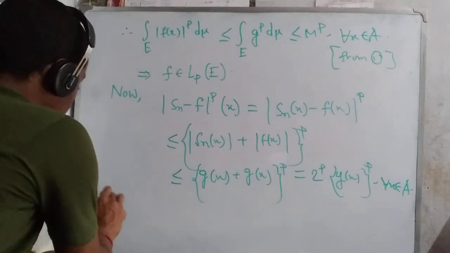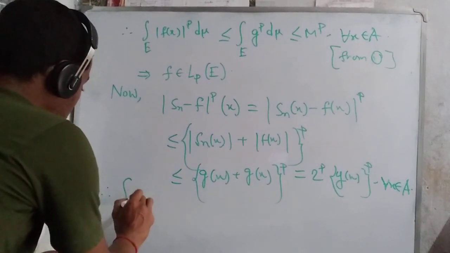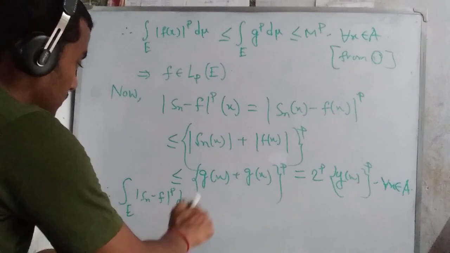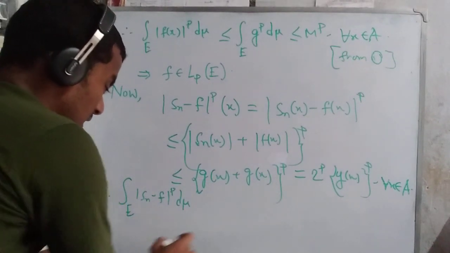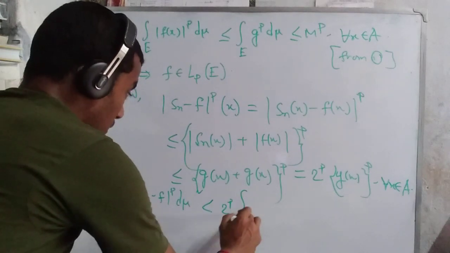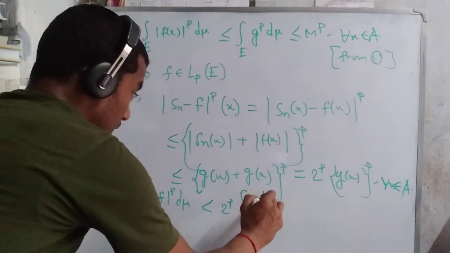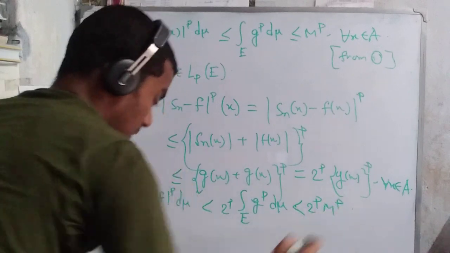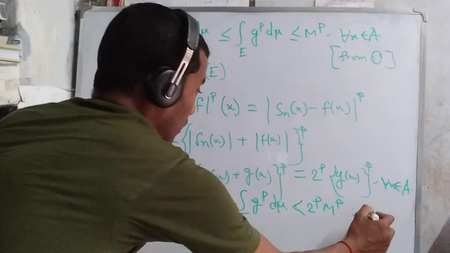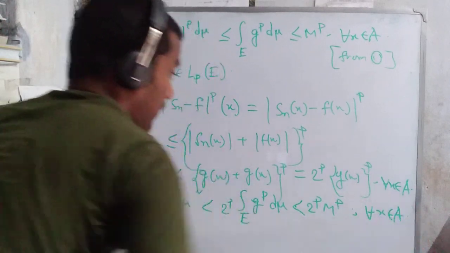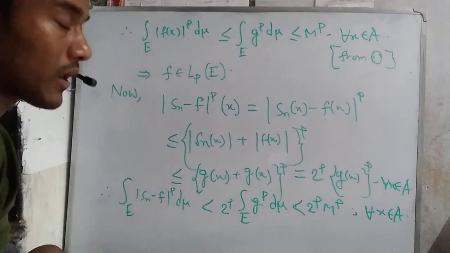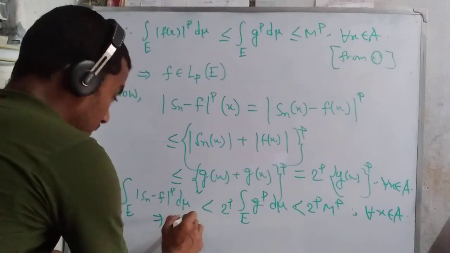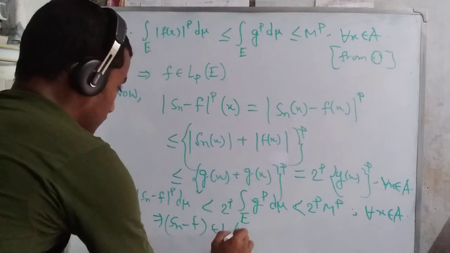Then what happened? Then we write this one here, the integration over E of mod of S_n minus f whole to the power p d mu, less than 2 to the power p integration over E of g to the power p d mu, less than or equal to 2 to the power p M to the power p, for all x belongs to A. Then this implies S_n minus f belongs to L^p(E).